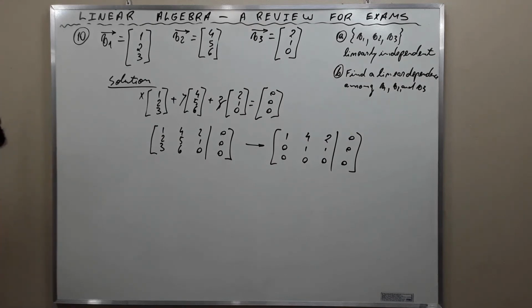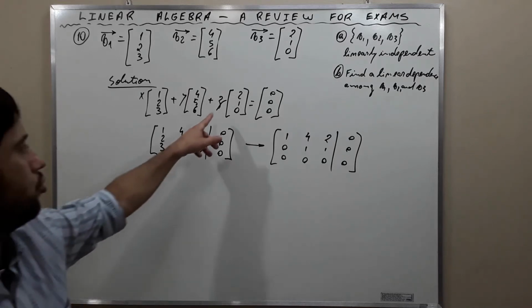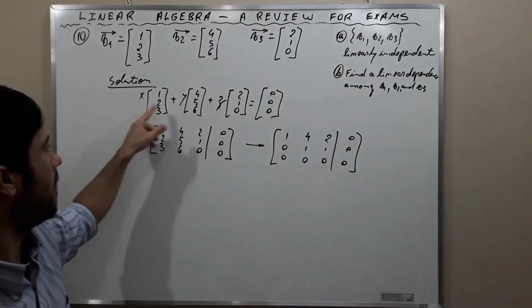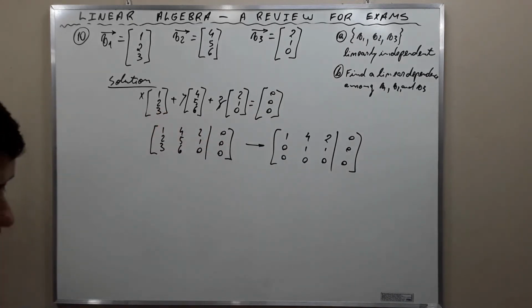And what does it tell us? It tells us that x and y are basic variables, while z is free. Z can assume any kind of value, while x and y are basic variables. Each non-zero value of z determines a non-trivial solution. Okay, so for each non-zero value of z, we have a non-trivial solution to this equation.